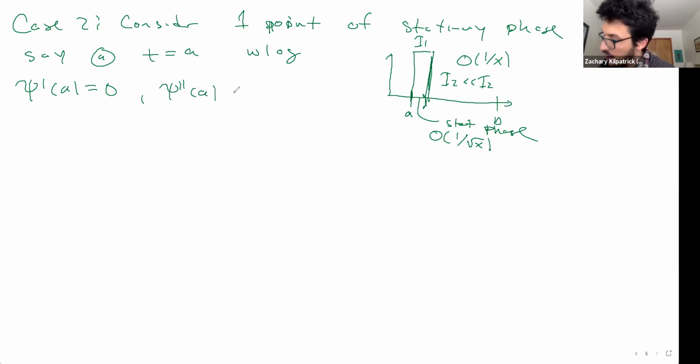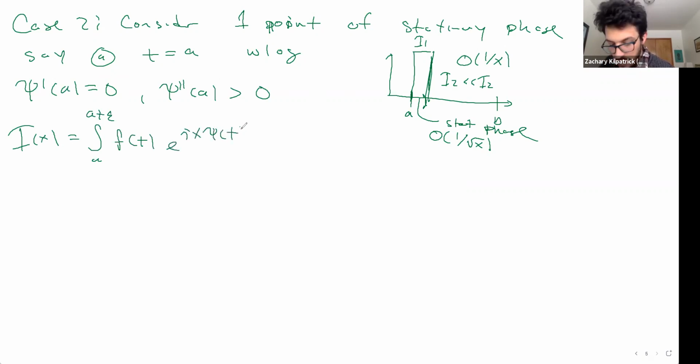We'll say that phi prime prime is greater than 0 for now. I of x then is going to be split up into integral from a to a plus epsilon f of t e to the i x psi of t dt plus integral from a plus epsilon up to b f of t e to the i x psi of t dt.